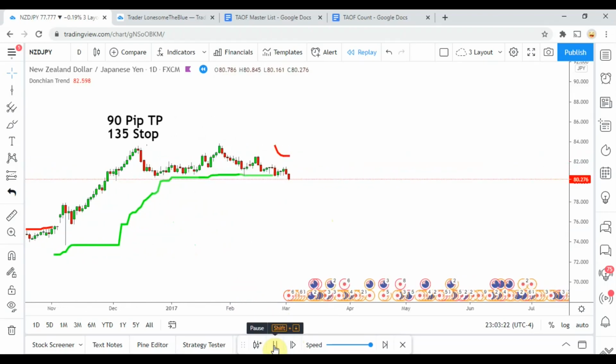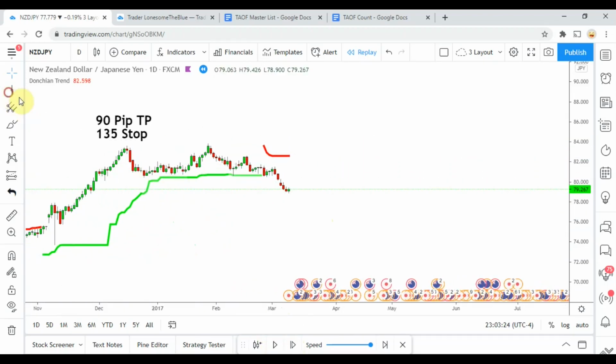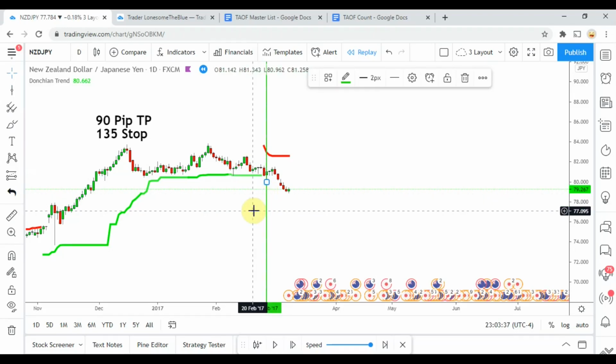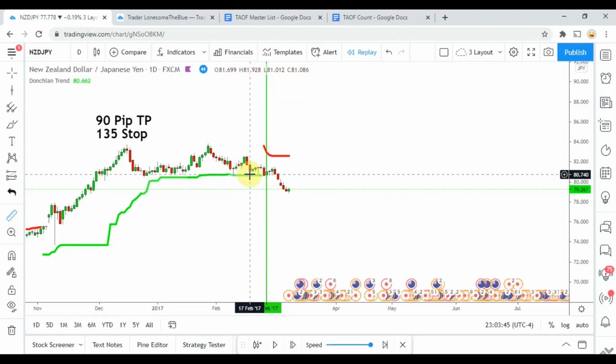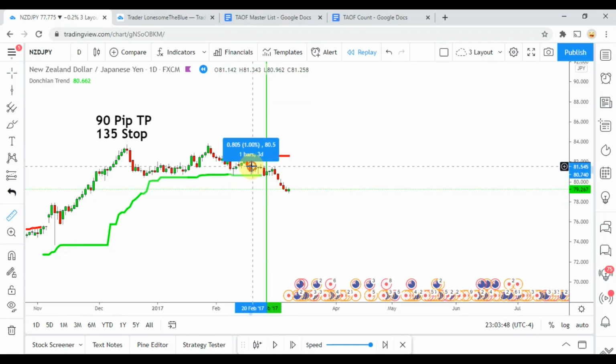Again, very similar to how we would trade the super trend. And so let's see here. Interesting enough, it looks like it actually starts right there, that candle, and that one would have gotten us to take profit.